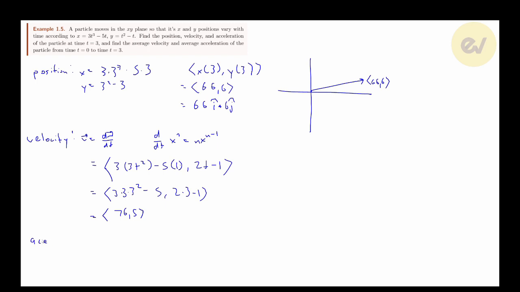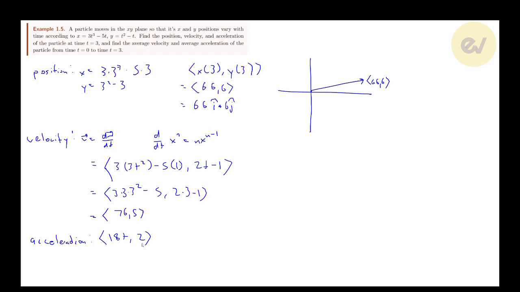it's very similar. We just take the derivative of our derivative, the derivative of the velocity. Our velocity was given by 9t squared minus 5, so the derivative of 9t squared minus 5 is just 18t, and the derivative of 2t minus 1 is just 2.